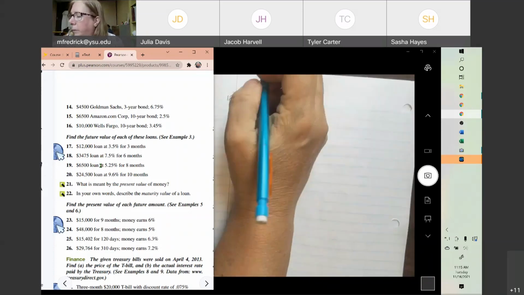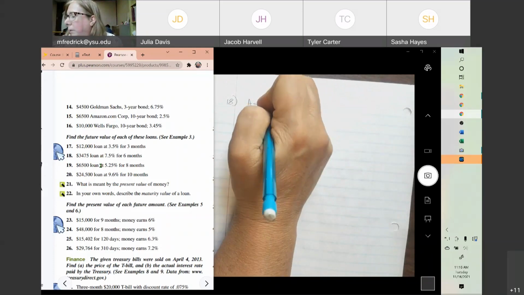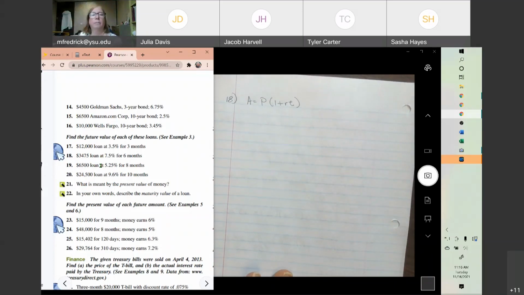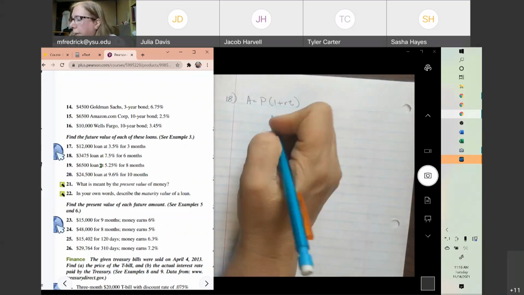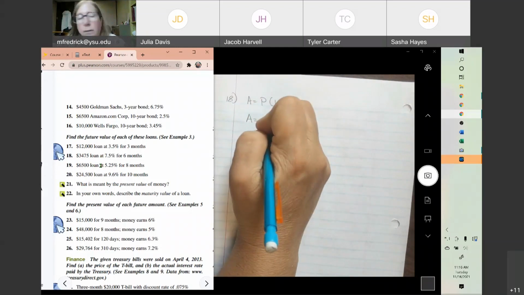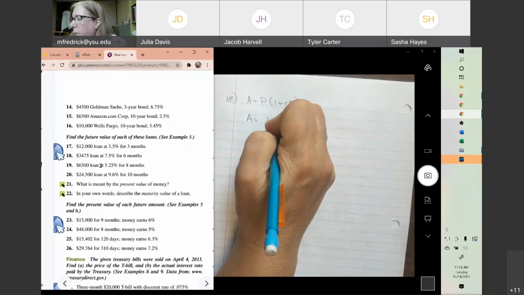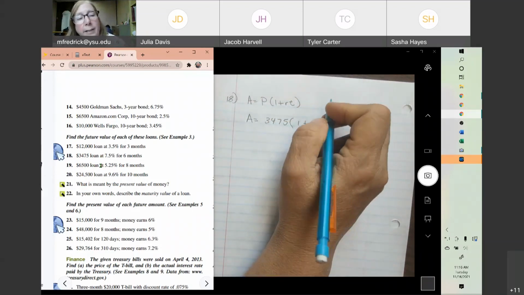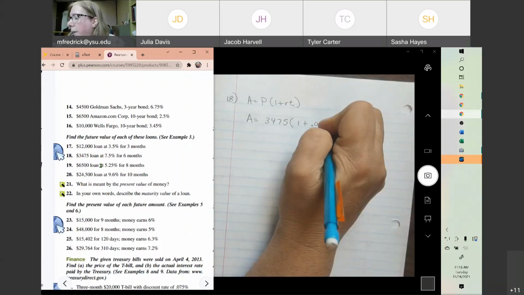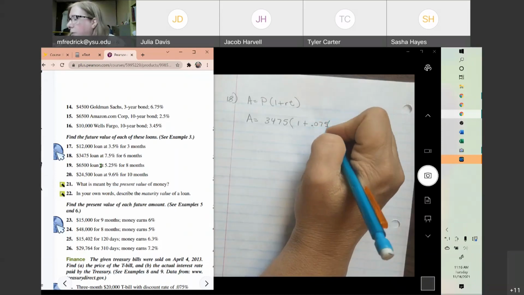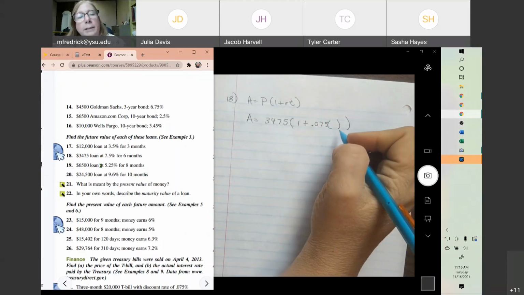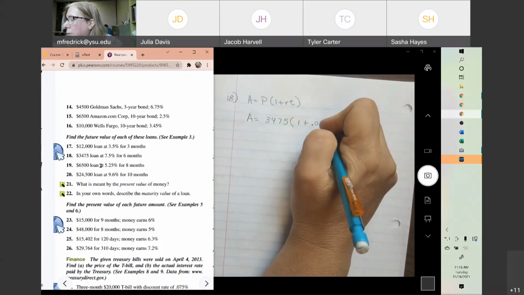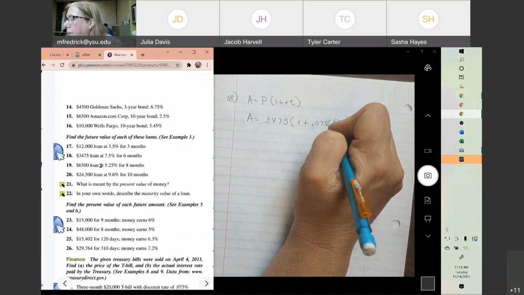So I'm going to use A equals P times 1 plus RT. We're looking for A. P is the starting amount, which is $3,475. 1 plus our interest rate written as a decimal, 0.075, times the number of years. This is 6 months, so 6/12, or 1/2.